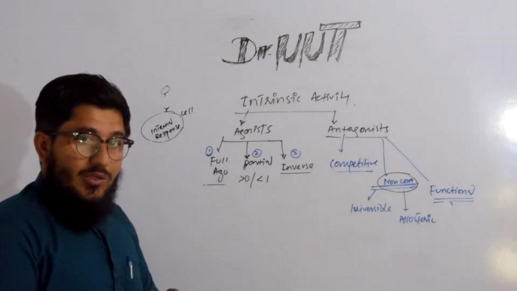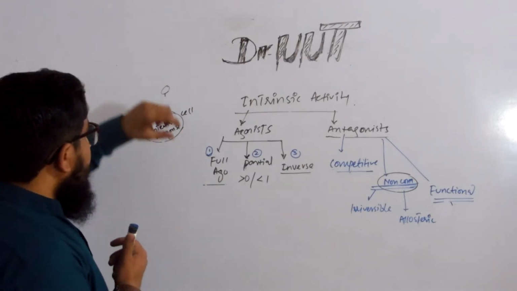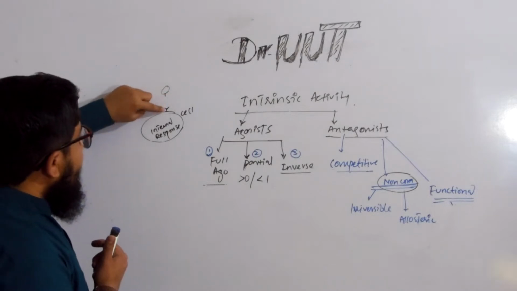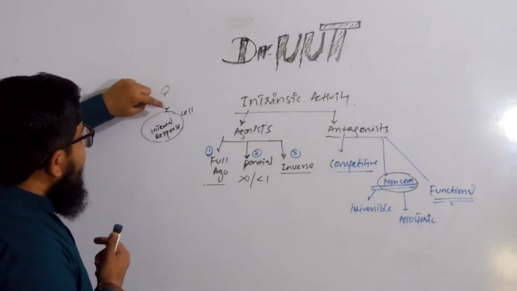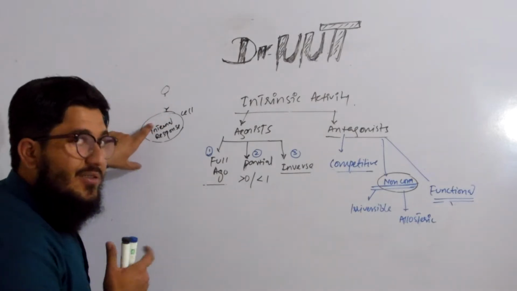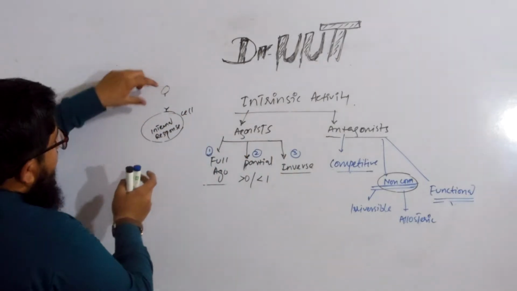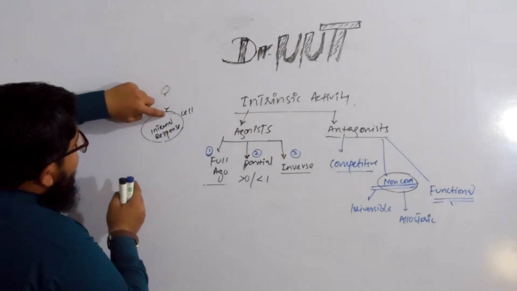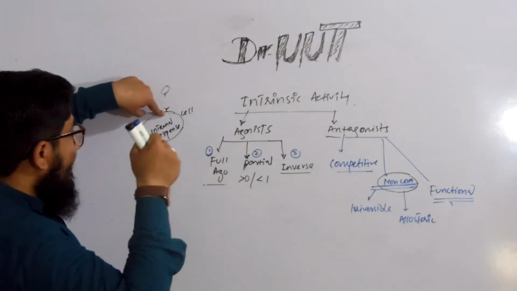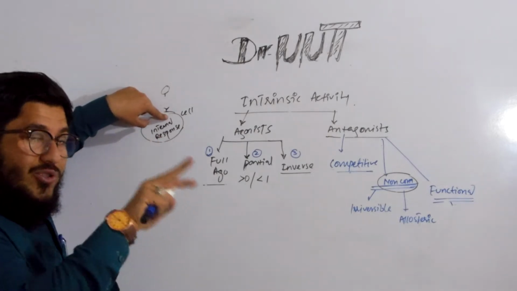The word is inverse agonist. The name indicates inverse, opposite. How? Suppose this ligand is responsible to give the signal to this receptor, and this receptor will send the signal inside the cell for protein synthesis, suppose. In case of inverse agonists, this will come and bind with this receptor. Before, this receptor had the function to show the action, but now this receptor will be stimulated oppositely.